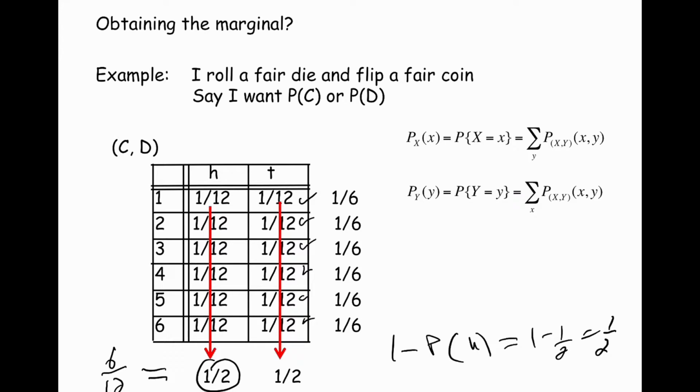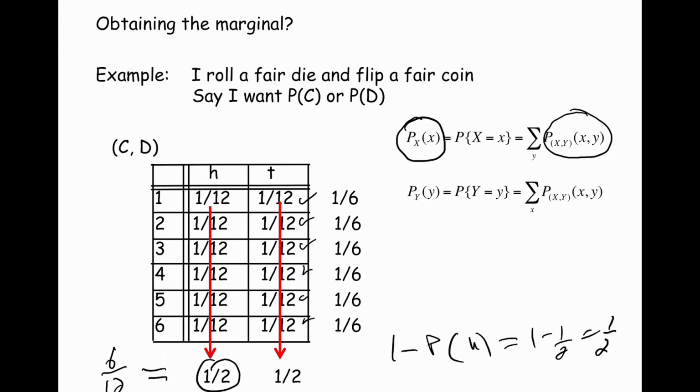So let's take a look at this. Suppose we have two random variables, x and y, and we want the probability of x, right? This expression up top. So that's the probability that the random variable returns value little x. We sum over all the values of y, whatever that joint distribution is for those two variables, x and y.